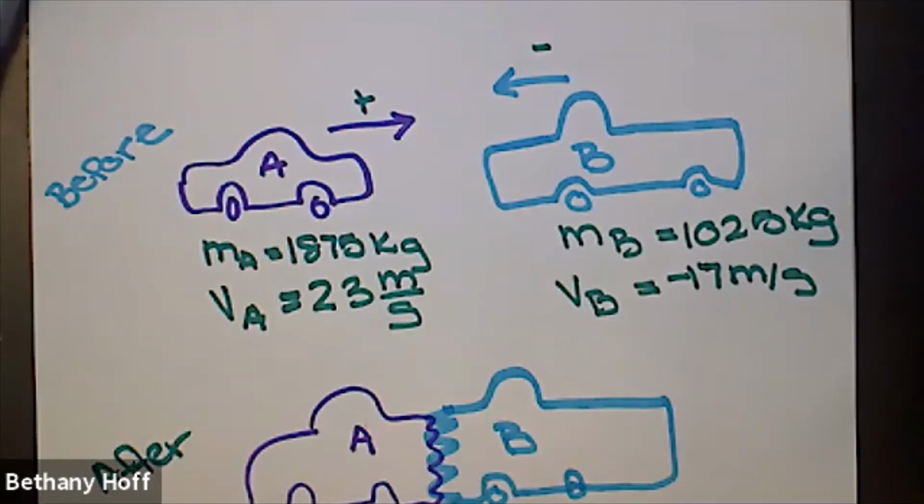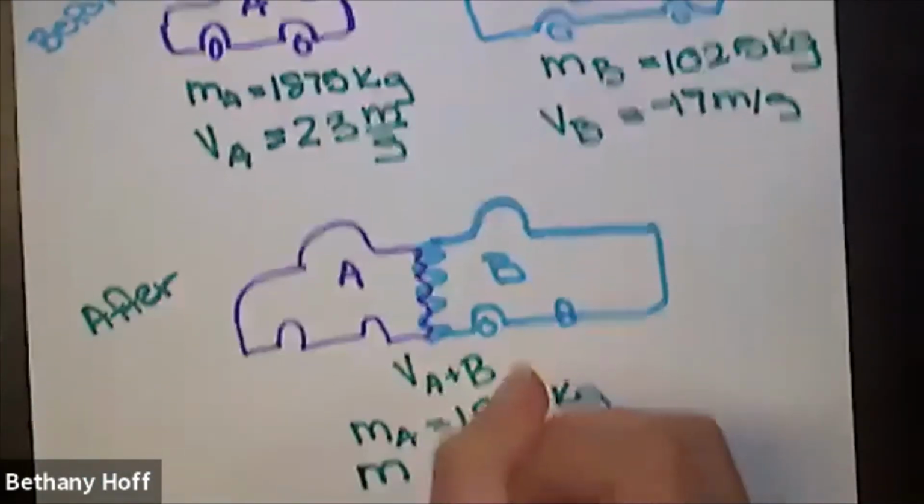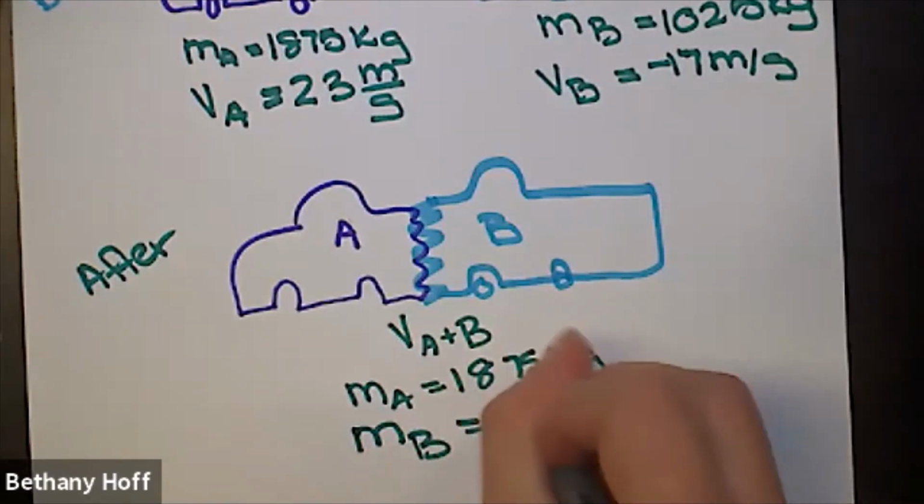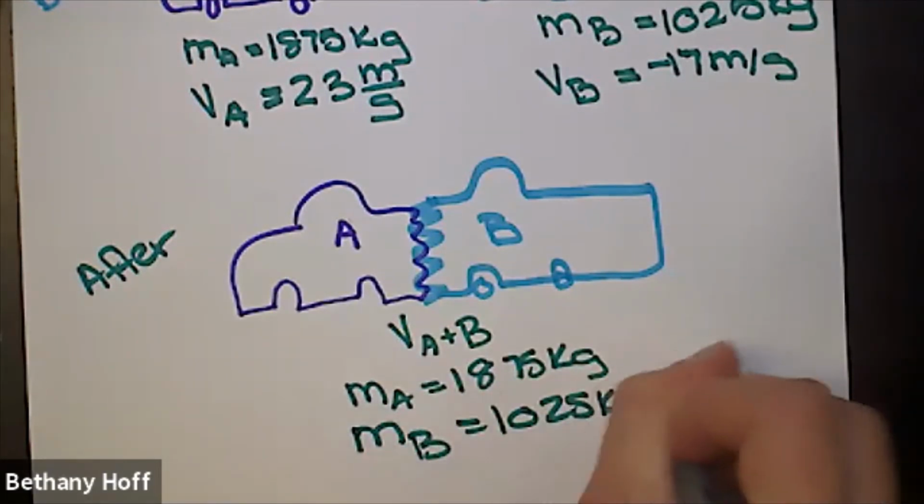We can also still identify our masses. The mass of car A is still 1,875 kilograms. The mass of car B, whoops, you guys can't see that, sorry, is 1,025 kilograms.